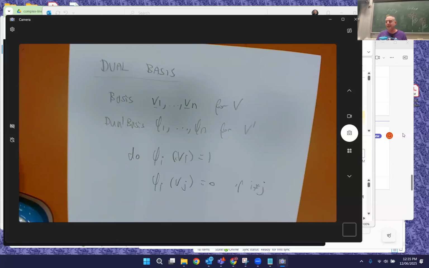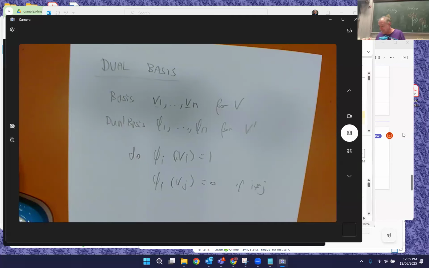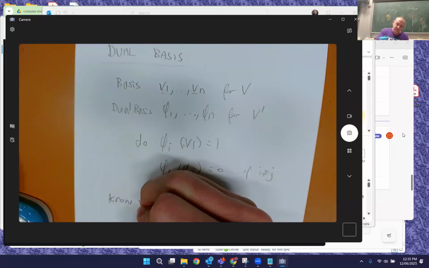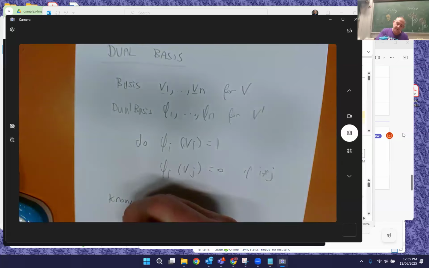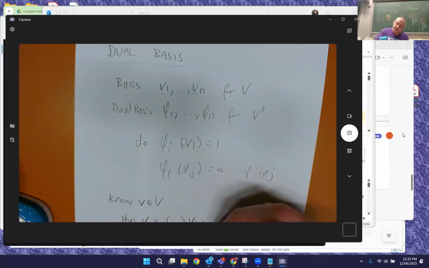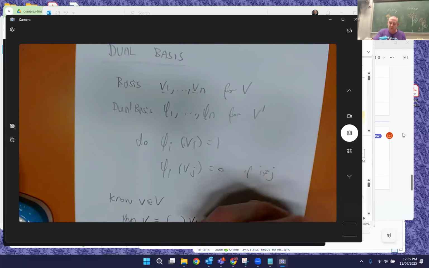So here's the idea. I know that if v is in V, then v is equal to something times v1 plus something times vn.